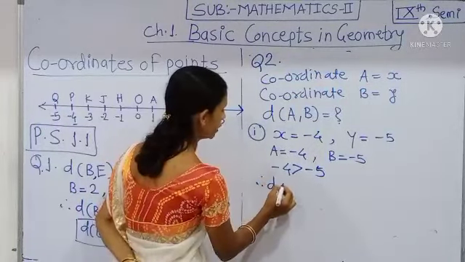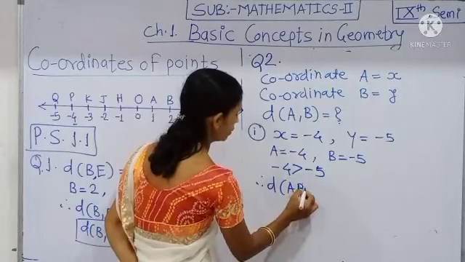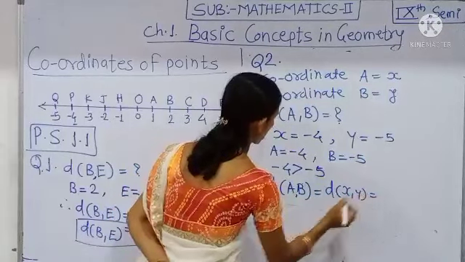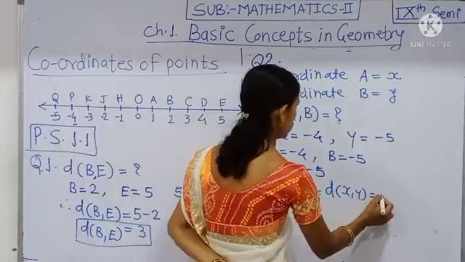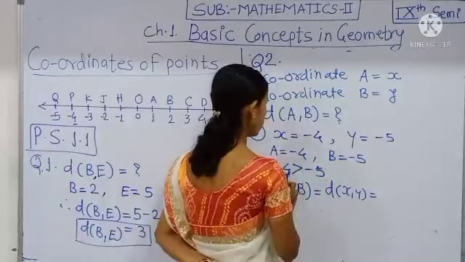Therefore, to determine the distance between A and B, we have to subtract the smaller number from the greater number.